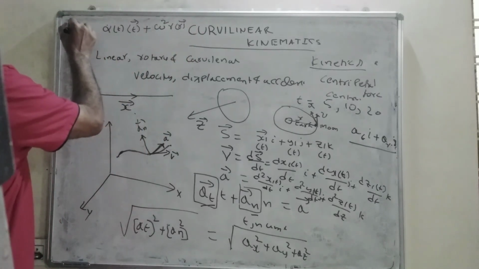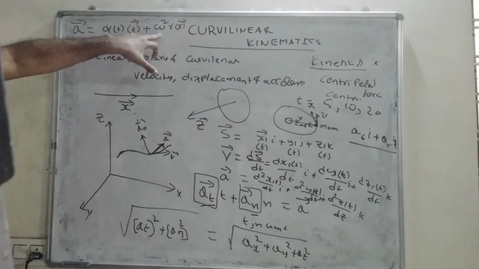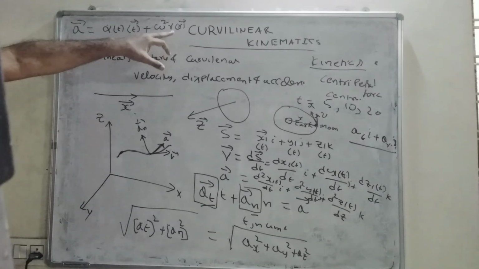This is the acceleration vector. Alpha is the angular acceleration. Omega square r is the radial acceleration. t is the unit vector.